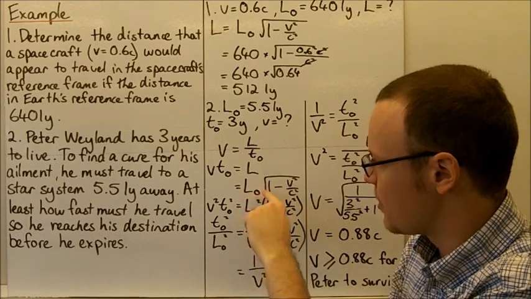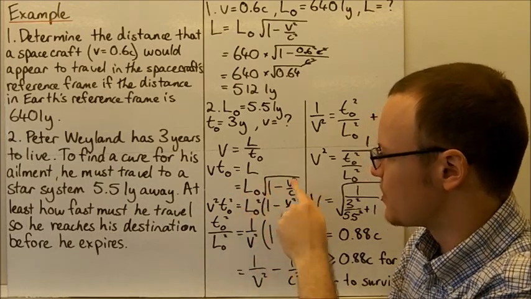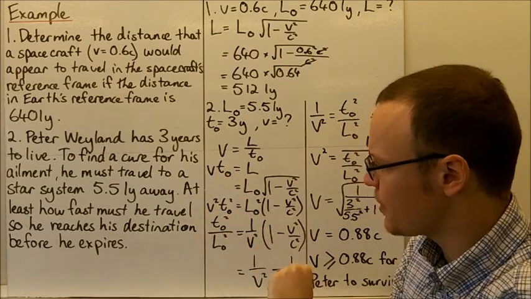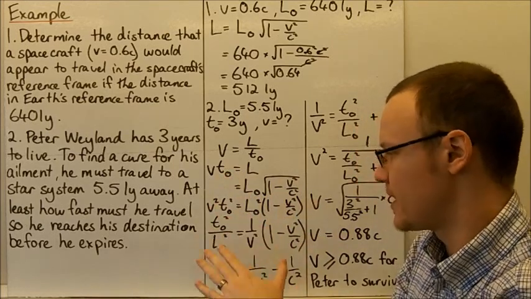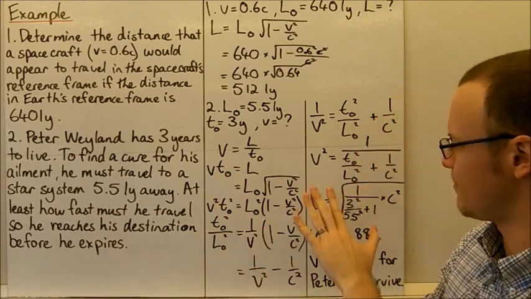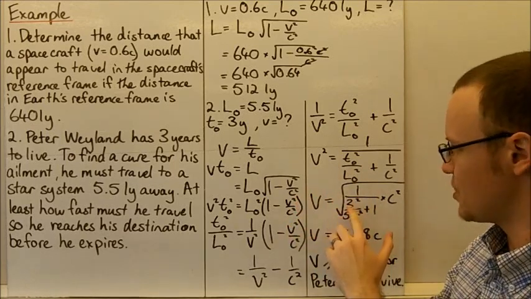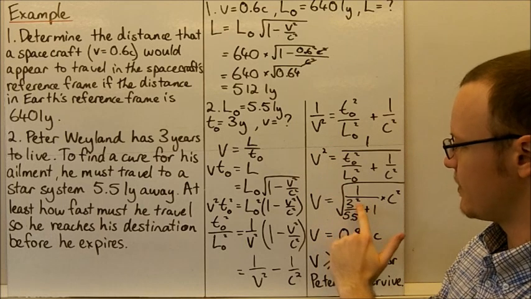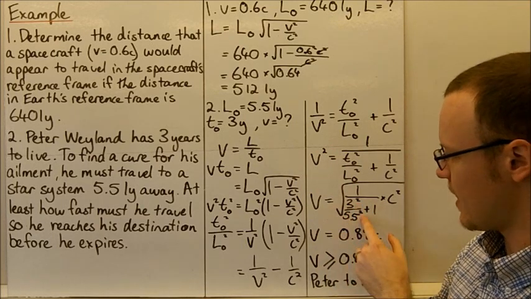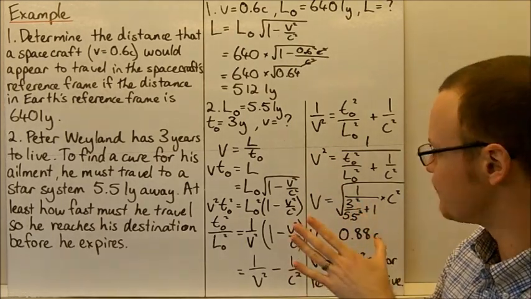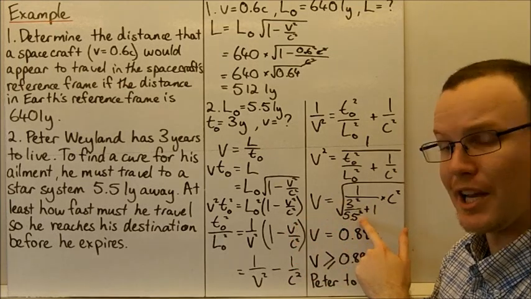So that's L0 multiplied by square root of 1 minus v squared on c squared. We go through some algebraic manipulation here. I'm not going to bore you with it, but once we get to the end, we can substitute in the value for T0, which is 3 years, and the value for our length, which is 5.5 light years.